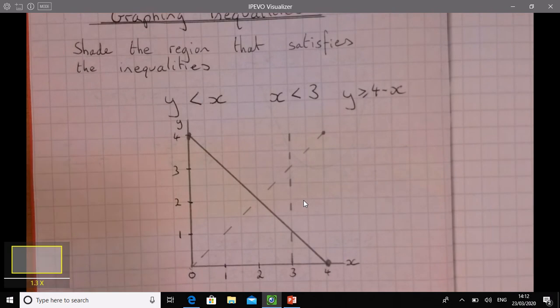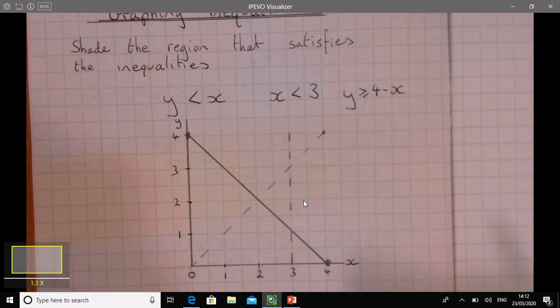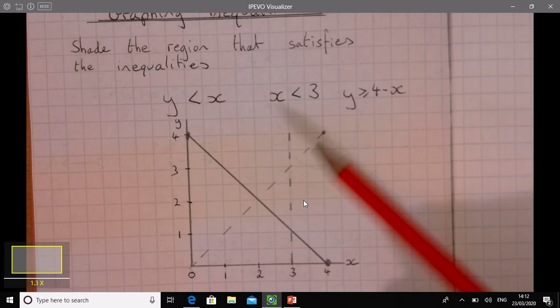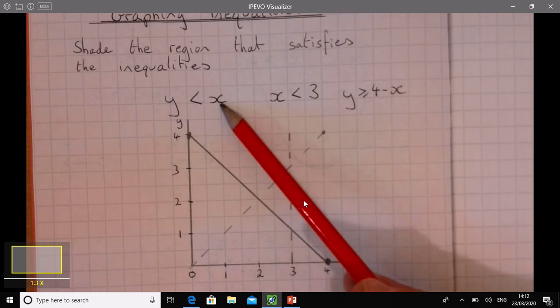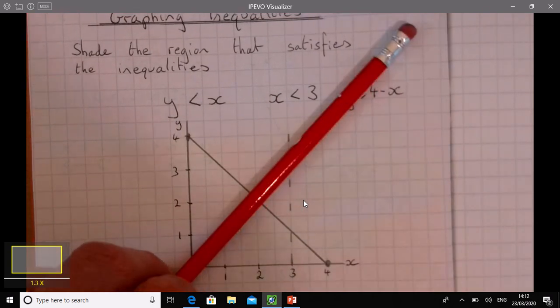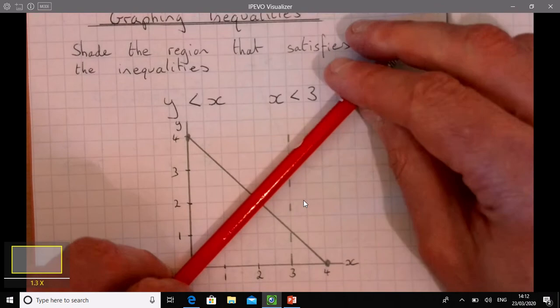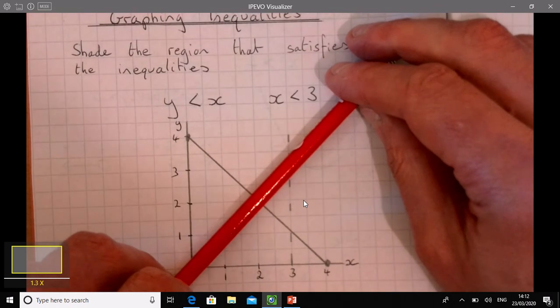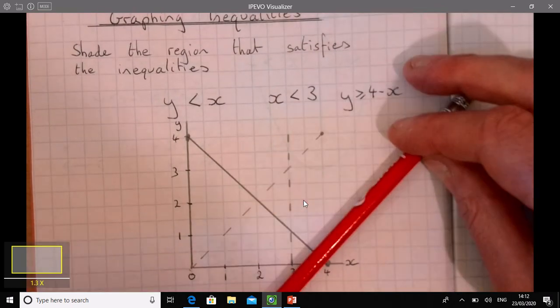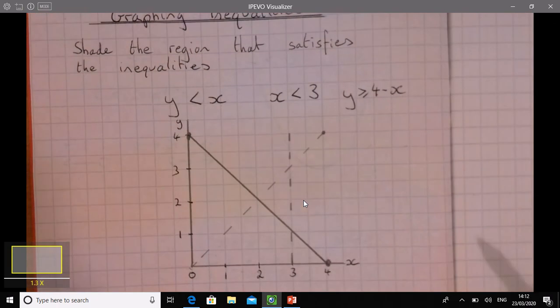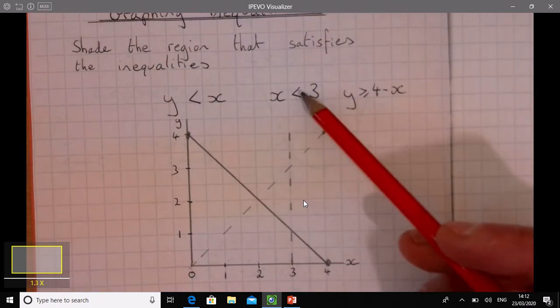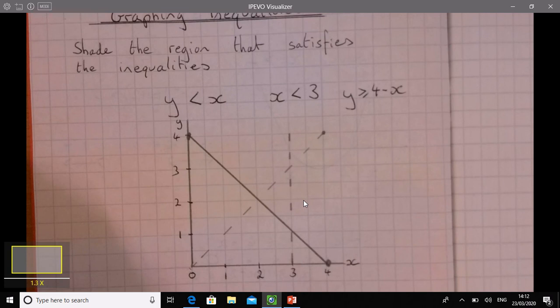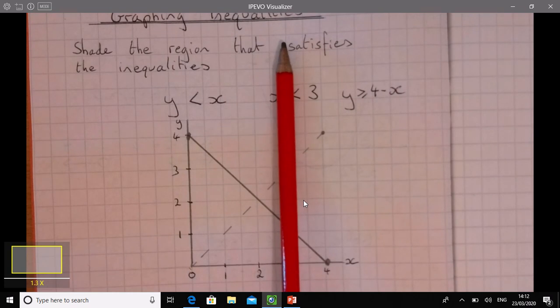Okay, so which region do we shade in? Like I said, it's normally pretty obvious what you've got to do at this stage, but it's not always the right answer. If you have a little look, y has to be less than x, so that was this line just here. So that's going to be on this side. It's got to be less than x. x has to be less than 3. So we're talking about the line x equals 3.